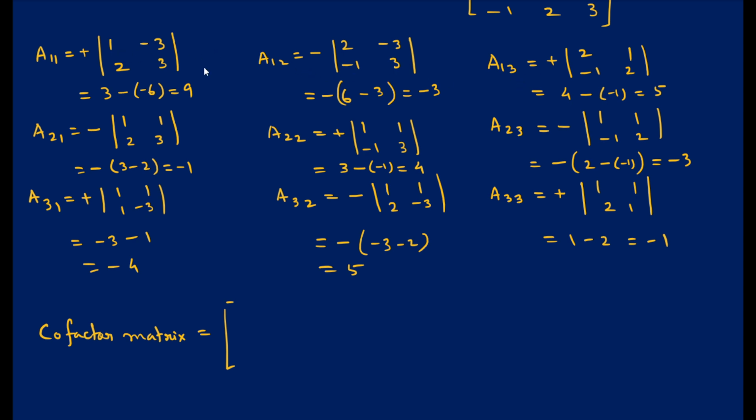So write in one line. So क्या क्या है? 9 minus 3 5. Okay, then minus 1 4 minus 3, minus 4 5 and then minus 1. So this is our cofactor matrix.